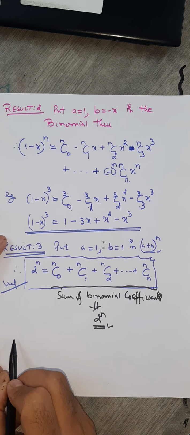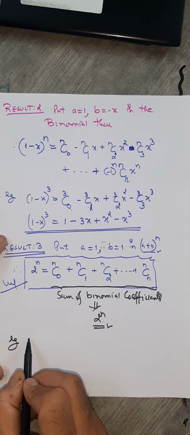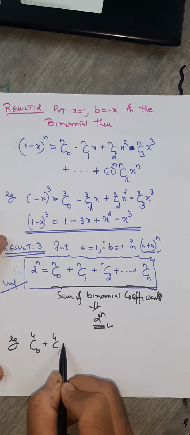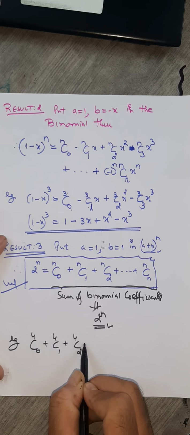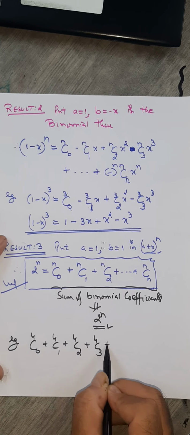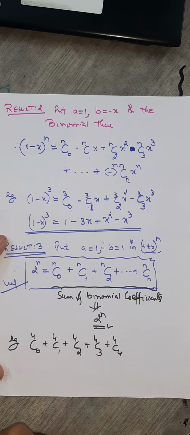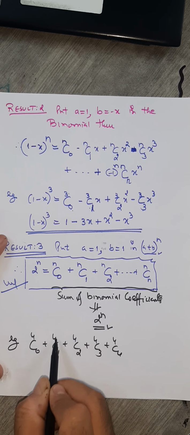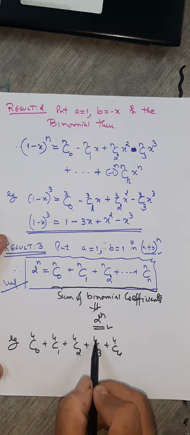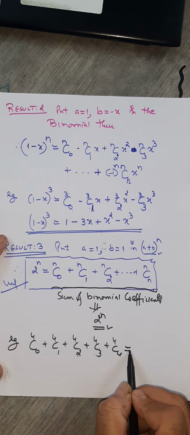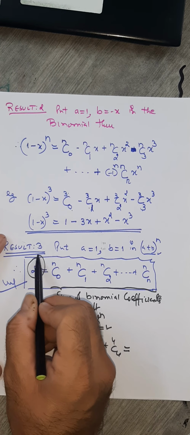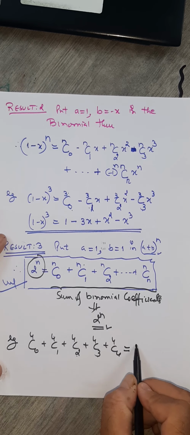So here, if I want to answer this, for example, 4c0 plus 4c1 plus 4c2 plus 4c3 plus 4c4, when these two are equal, we'll stop. Now one way is you find 4c0, 4c1, 4c2, 4c3, 4c4, and you add them. That's one way. What's another way? 2 raised to n. This n. So here what is the answer?